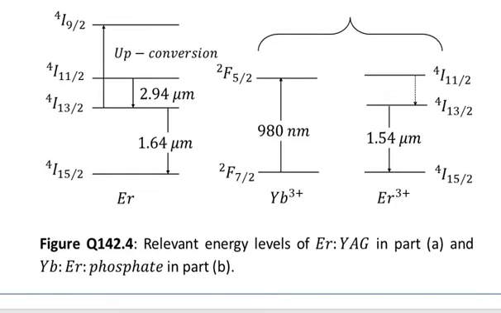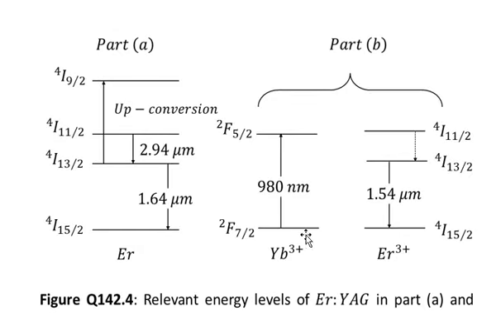So the transition in the ytterbium from the level 2F7/2 to 2F5/2 is done using a CW diode laser at a wavelength of 980 nanometer.